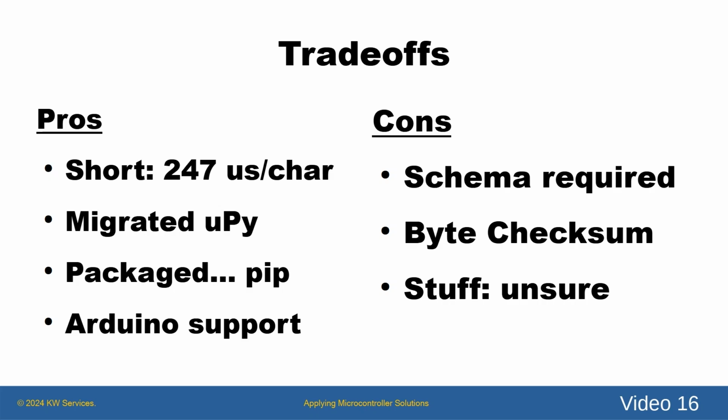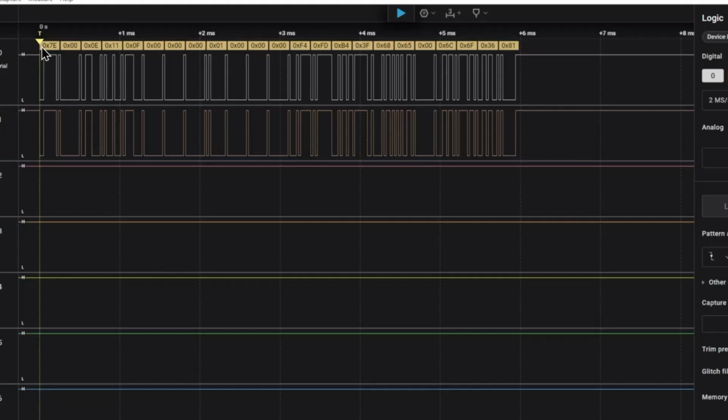On the pro side, the example message transfer is fast. In fact, all serial transfers that we've been doing throughout this whole series are fast. I connected the logic analyzer to the transmit and receive pins on the microcontroller to see what it was doing.